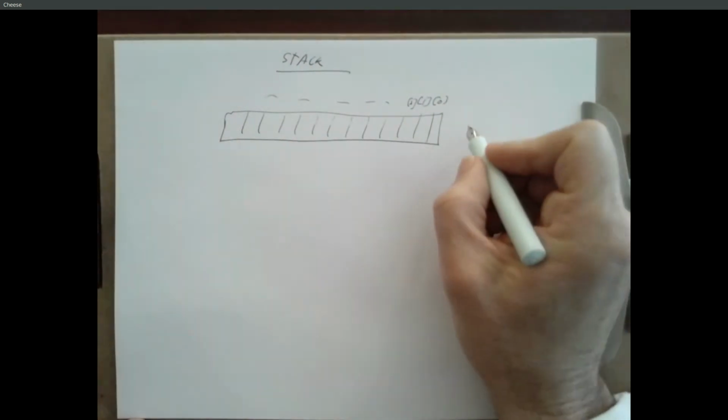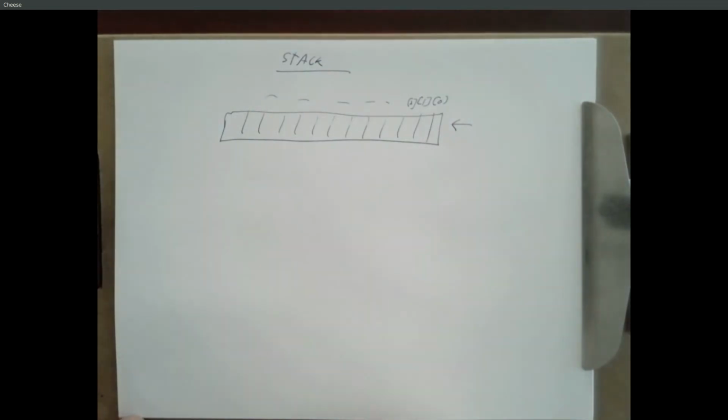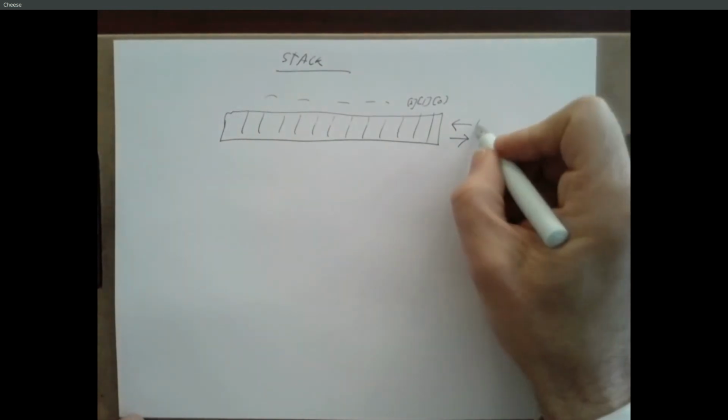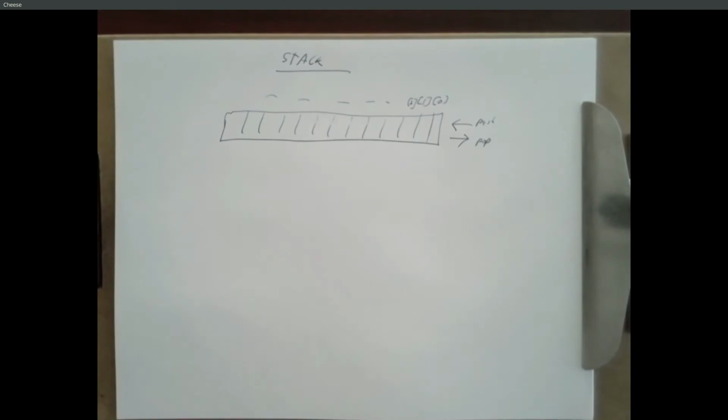We always insert or push on this end, and we also remove or pop from that same end. So queue, you go in on one end, come out the other. Stack, you go in and out on the same end. So the only thing we really need to know is how much stuff is actually in this stack.